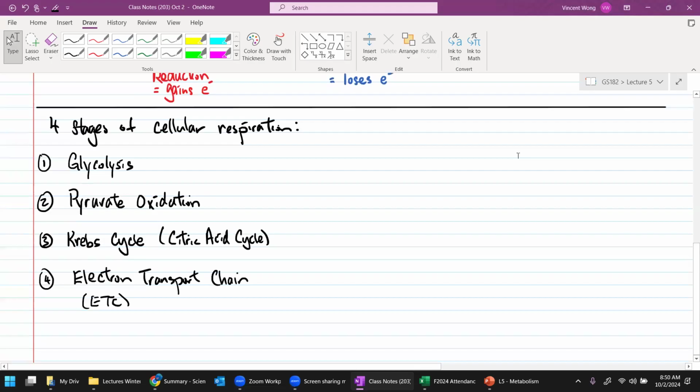Now, which organelle does cellular respiration happen in? Part of it anyways. Do you remember? Not what organ, what organelle. Inside the cell, we have the Golgi body and everything, right? Which organelle plays an important role in cellular respiration? That's something you have to know for the quiz, guys.